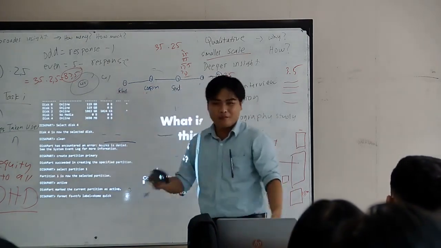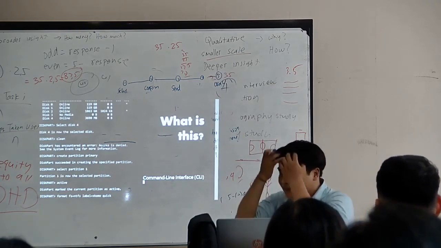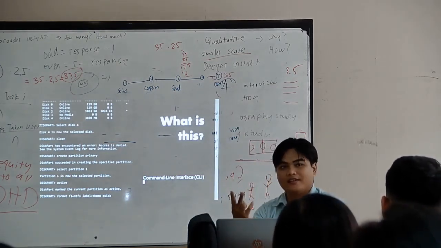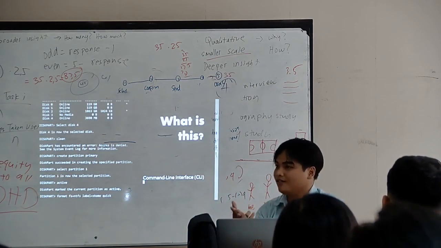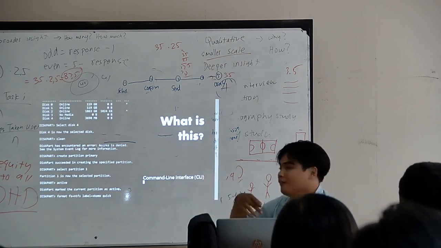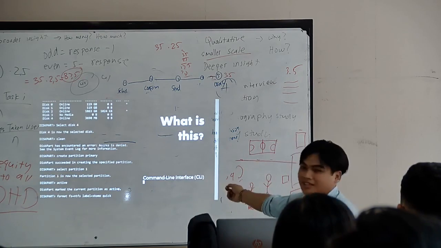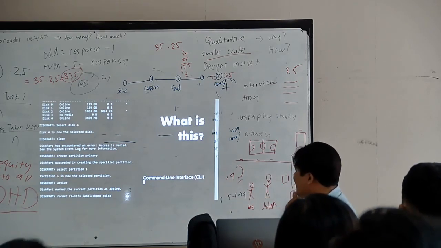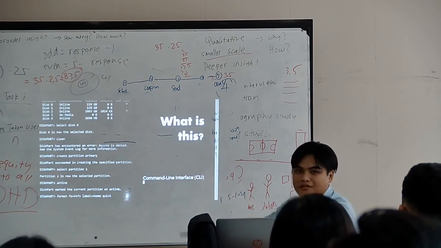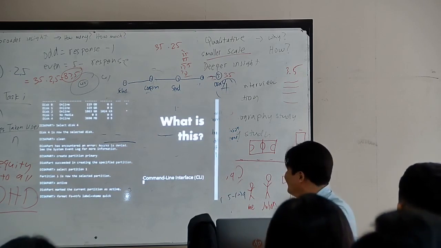You might think this is not an interface, but what is truly an interface? Interface is connecting two things. Hardware and user, or hardware and hardware. This is also an interface. We are communicating with our computer by this language. Command line interface. It's maybe not really easy to see and confusing.